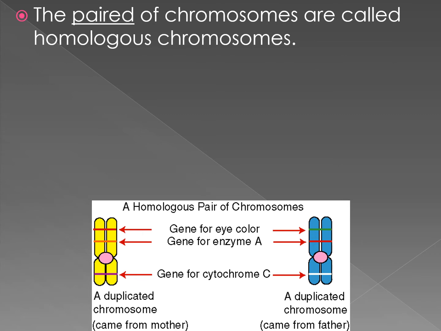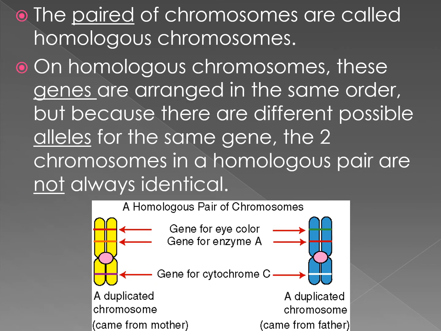So again, the paired chromosome has to be paired to the right one. Homologous is same, so this has to be exactly the same. We can't be just talking about chromosomes that do not have a correlation. Homologous chromosomes have genes arranged in the same order, but they have different possible alleles for the same gene.